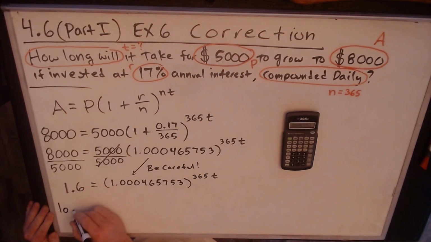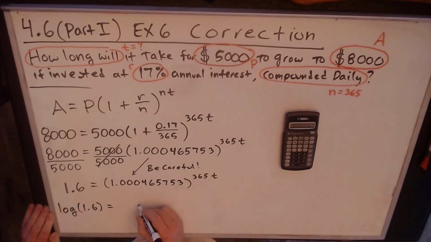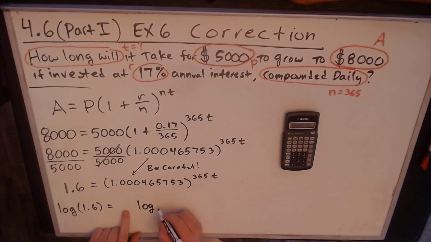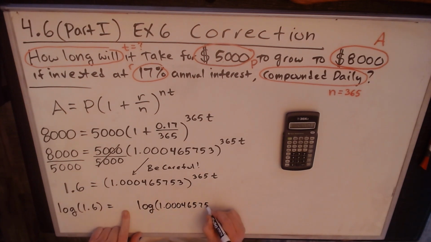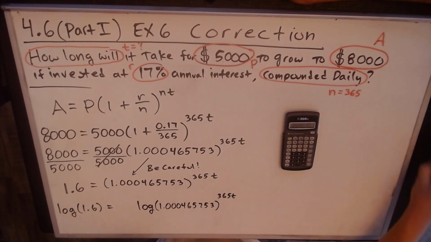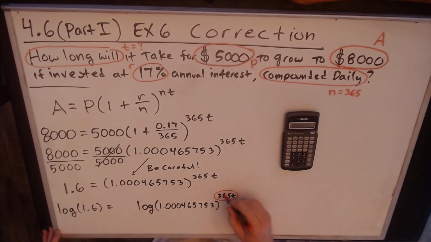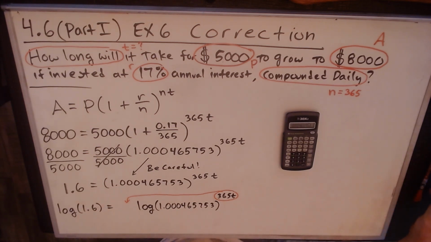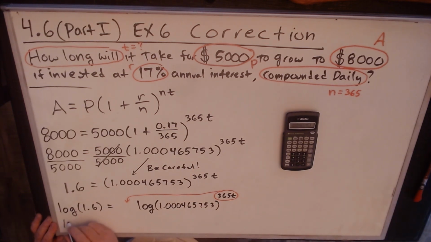We're going to take the log of both sides. I don't recall if I had used the natural log or the common log. I'm leaving a blank here for that 365 that's going to come down. So the exponent, 365t, comes down to the front and becomes the coefficient of the logarithm.